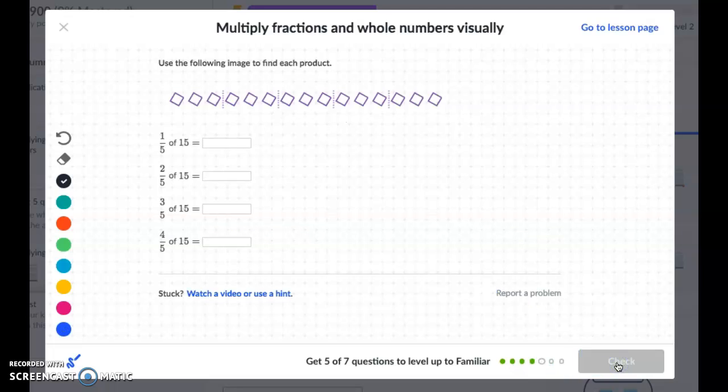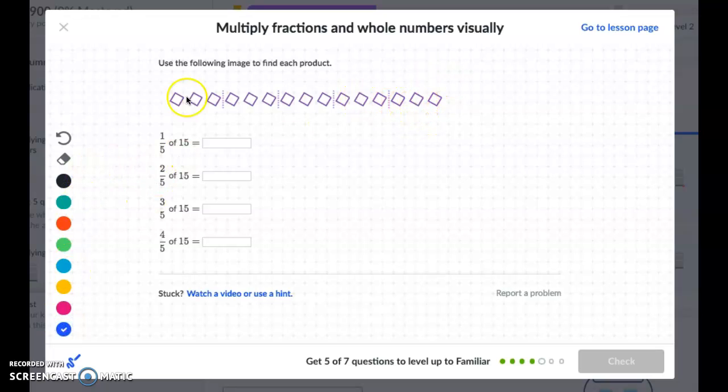Use the following image to find each product. So here, if we count up all of these purple squares, there's 15. And then you can see that they're divided into 1, 2, 3, 4, 5 groups.